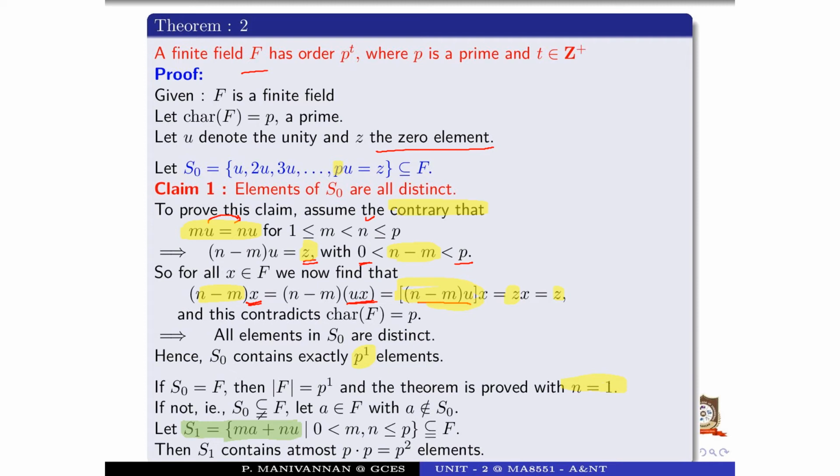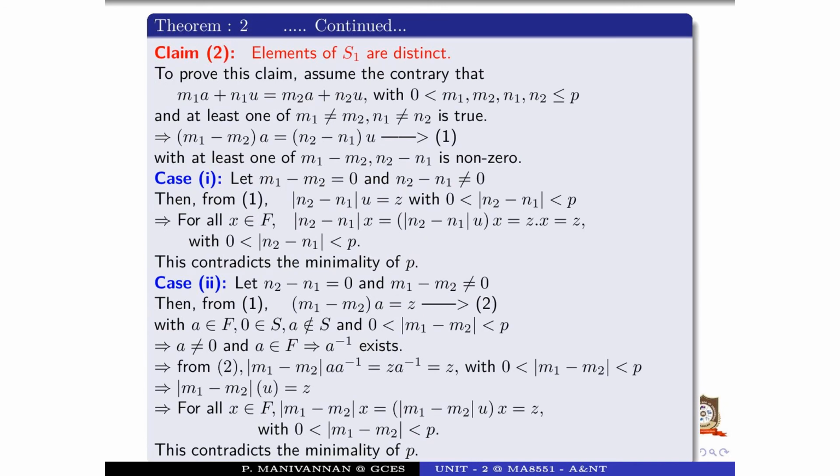This S1 is contained in F. Then S1 contains at most m values 1 to p, so p into p. The total possible values is p squared elements. Therefore, S1 contains at most p squared elements.